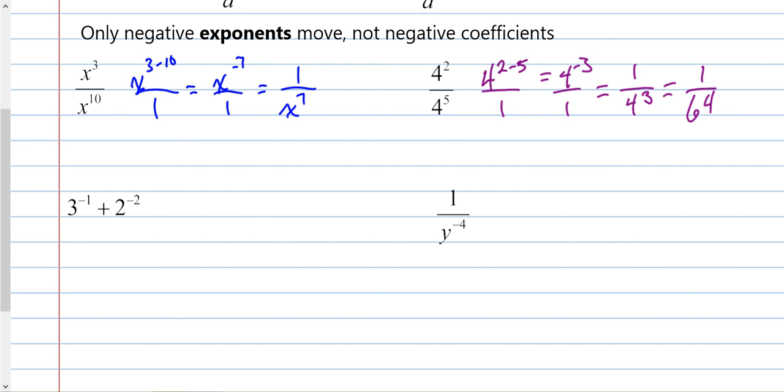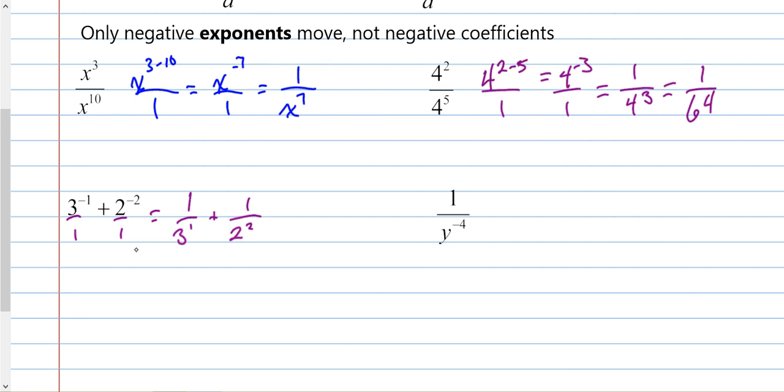Now, what if I have something like 3 to the negative 1 plus 2 to the negative 2? What can I do with that? You actually need to turn these into their fraction form before you can do anything. So 3 to the negative 1 becomes 1 over 3 to the 1. 2 to the negative 2 becomes 1 over 2 to the 2.